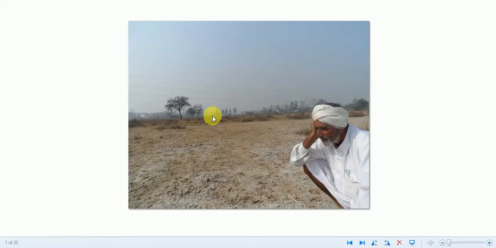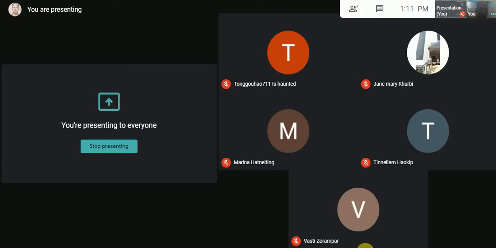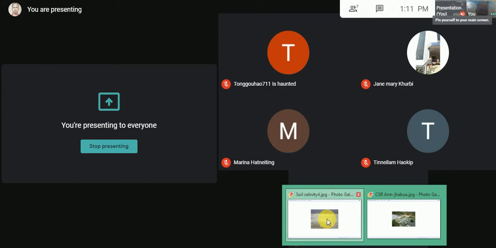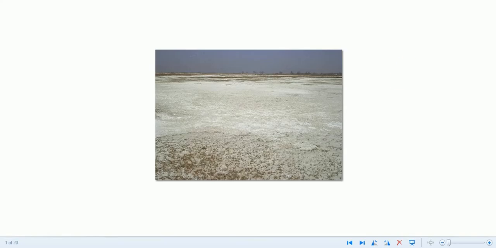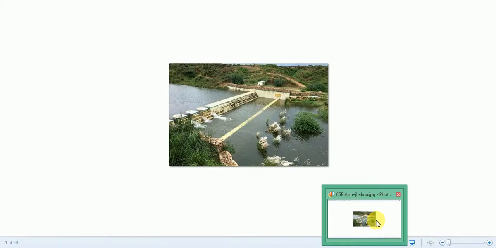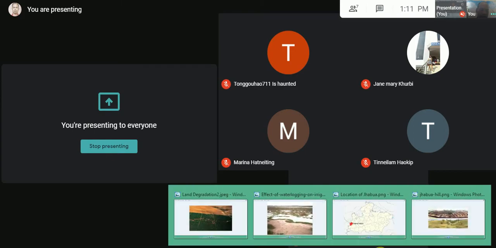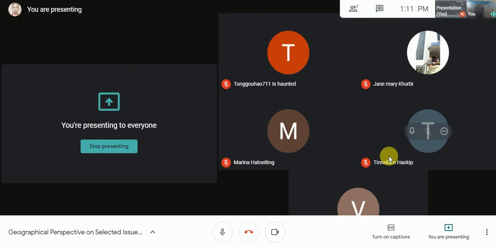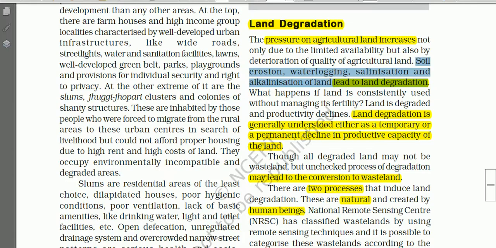This is also another scene affecting the farmer. This is also another scene of soil salinization. So these are the photographs showing degradation of land.